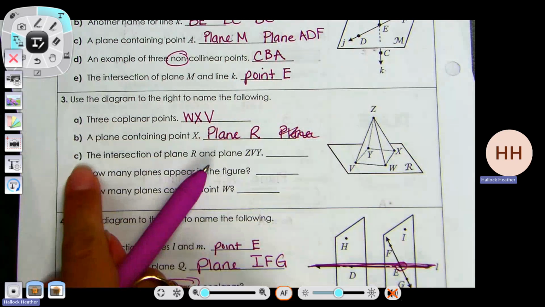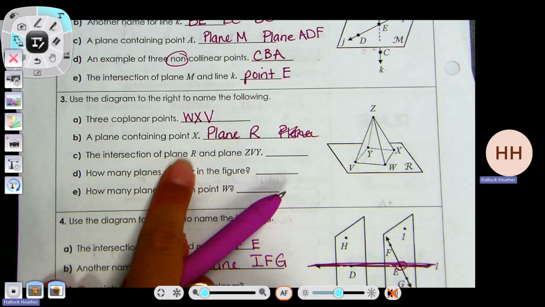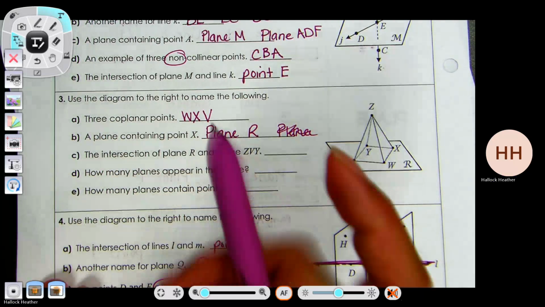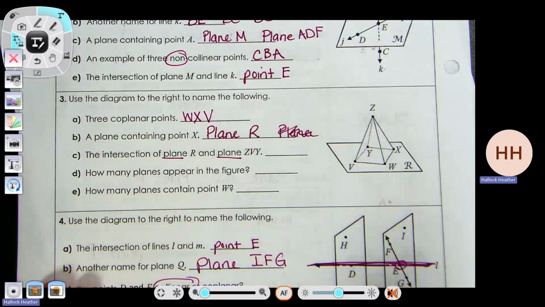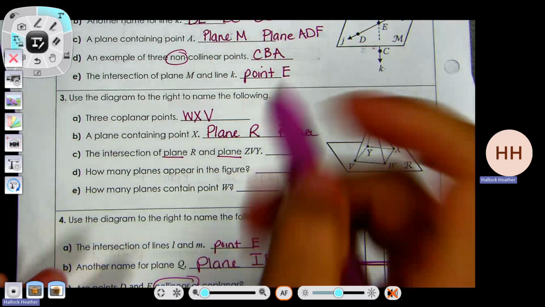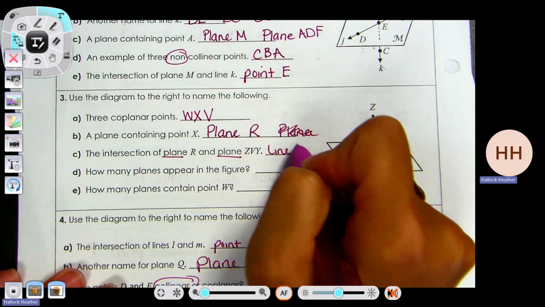C says the intersection of plane R and plane ZVY. It's a plane and a plane that intersect. So when a plane and a plane intersect, is it at a point or a line? A line. So did anybody put a line down? Line VY.